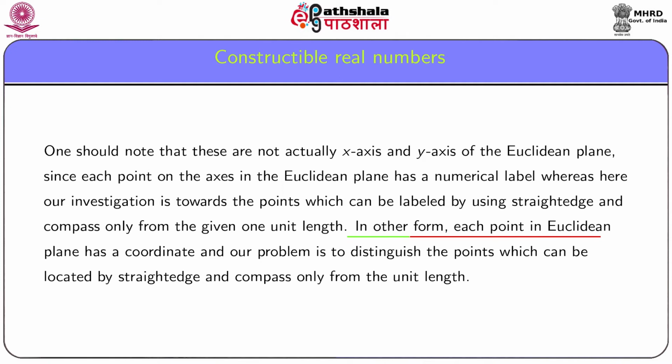In other words, each point in the Euclidean plane has a coordinate, and our problem is to distinguish the points which can be located by straightedge and compass only from the unit length.